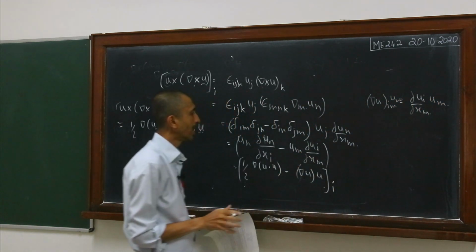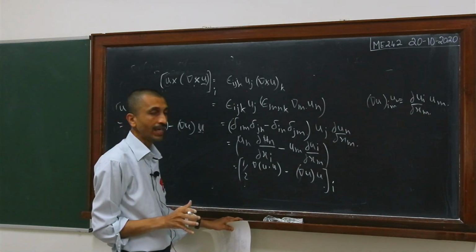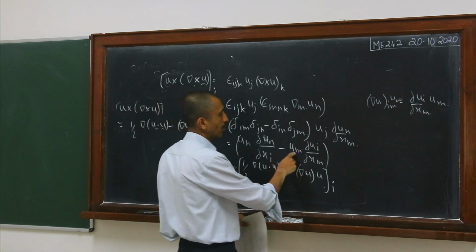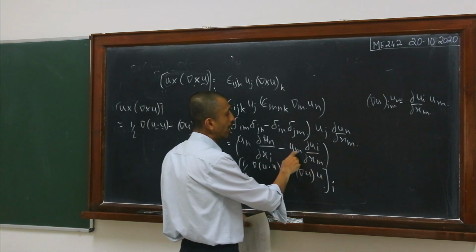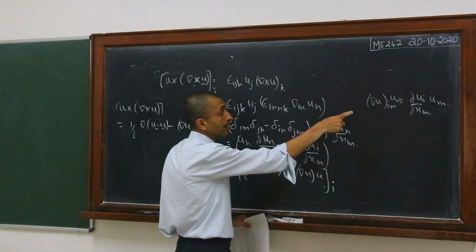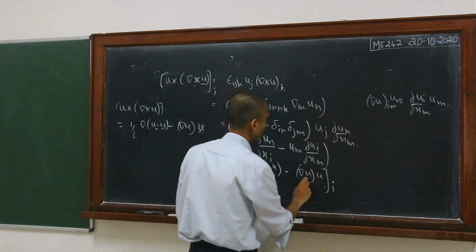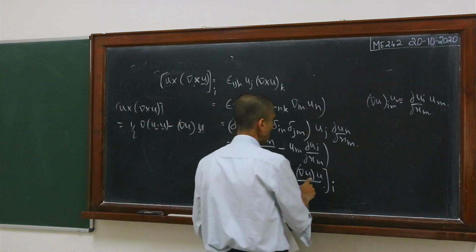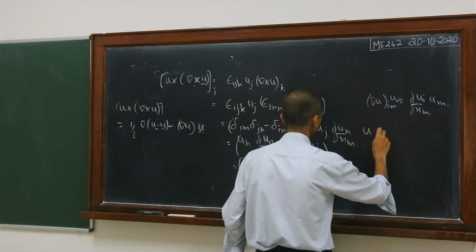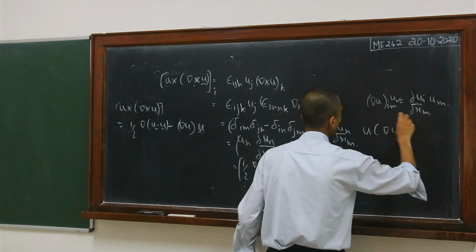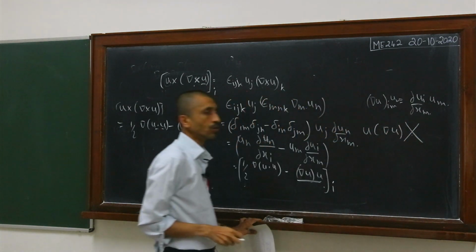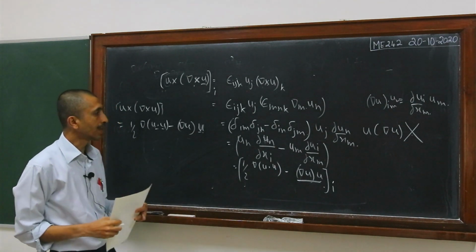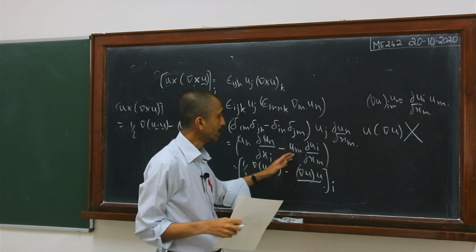So again, one other important thing I have mentioned many times is that when you are writing the index notation, it doesn't matter whether you write this as u times um times del ui by del xm. But when you are writing the tensorial version, for example, you have to write it in this particular way. So you should not write this part here as u times del u. Okay, so this is wrong. When you are writing it in index notation, the order is not important.